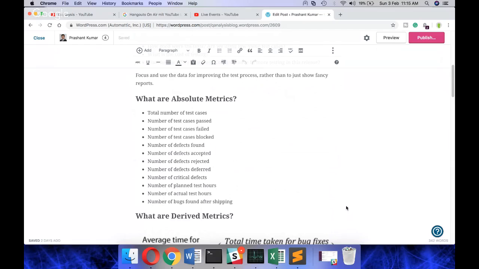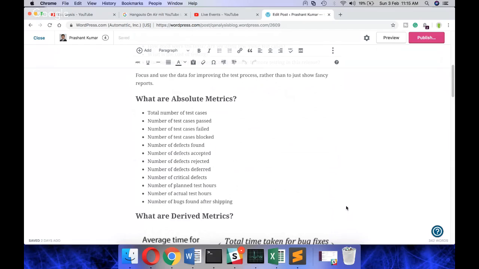So number of actual test hours, number of bugs found after shipping. I'm talking about the production defects. So once the release is signed off, it has been rolled out in production, and it is being used by users, and at that point of time, if there is any user issue, is it attributed to QA?